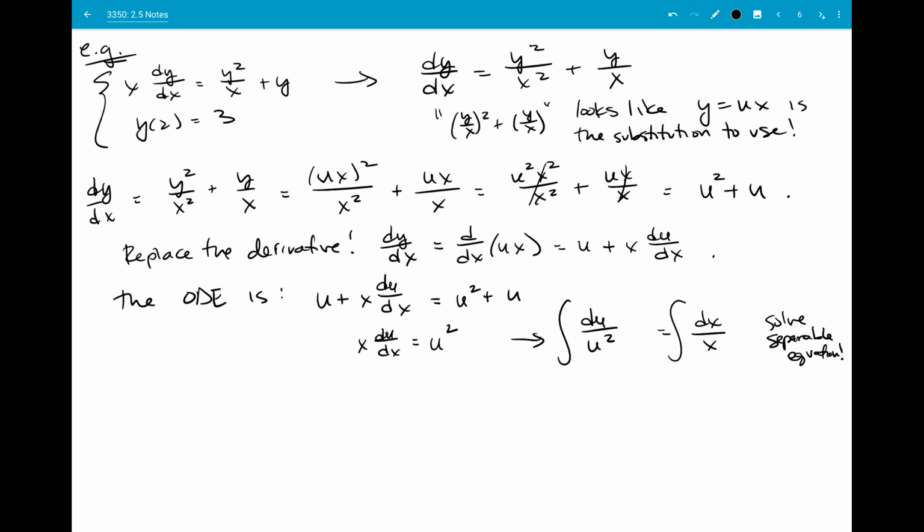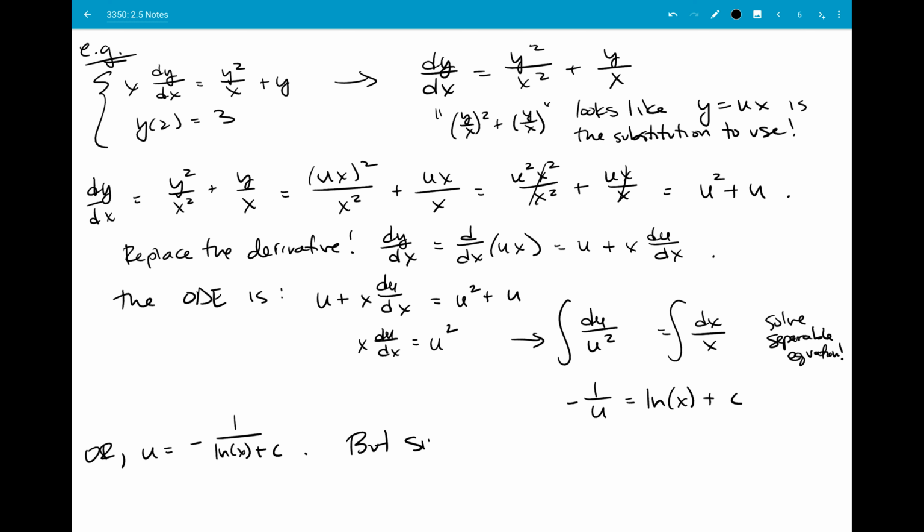So the integral of 1 over u squared with respect to u is just minus 1 over u. The integral of 1 over x dx is equal to the natural log of x plus some constant. Or solving for u, I would get u equal to negative, let's see, I multiply it over and divide everything else, 1 over natural log of x plus a constant.